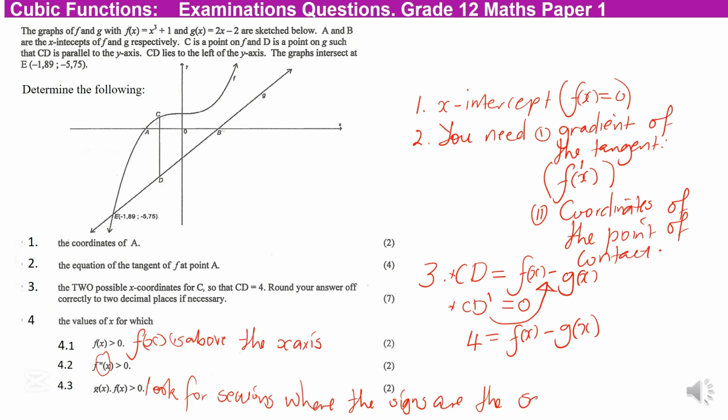So for f of x multiplied by g of x to be positive, both of them must be positive, or both of them must be negative. So in a summarized form, these are the ideas that are being tested by this examination question. So the moment I look at an examination question, I must be able to think of ideas that I can use to answer that particular question.